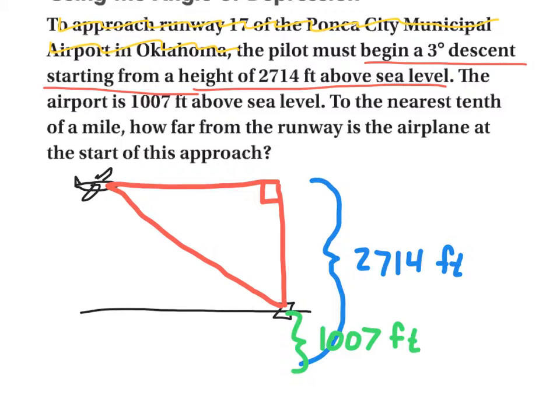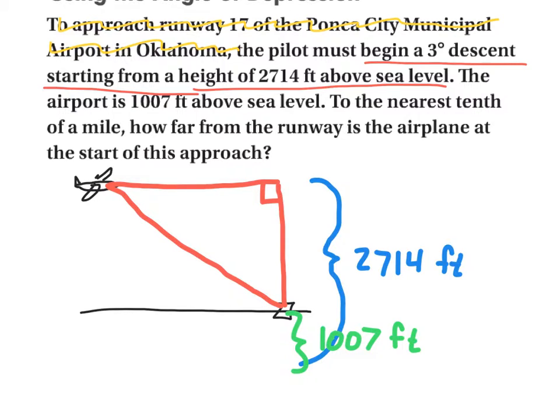So my question to you is, what is this distance in that red part of that triangle? What is the height of the airplane above the airport? What is the height of the airplane to the ground? How do you find it? Some of you are grabbing your calculators. What are we doing? Subtracting what? 2,714.